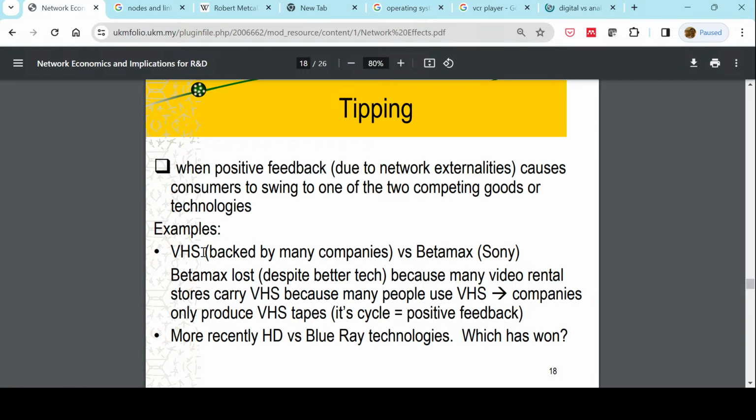VHS is backed by many companies, Sharp, Sanyo, Philips, GE, General Electric. The brands by many companies make the video cassette recorder player, VHS VCR player. Different name, different brand, okay? But Sony alone, going alone.